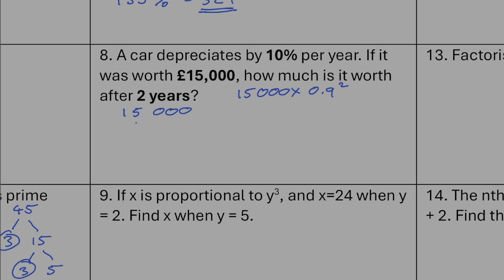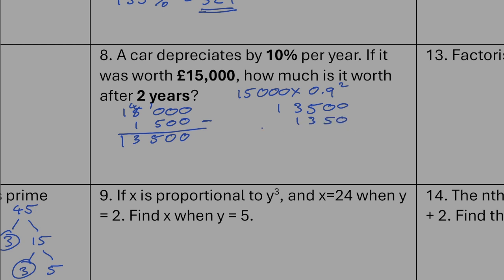10% of that would be 1,500. So if I subtract that, that would give me 13,500. And that would be the end of the first year. And then if I do that for the second year, the exact same process really, 13,500. And then 10% then would be 1,350.